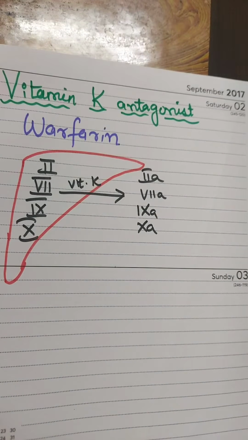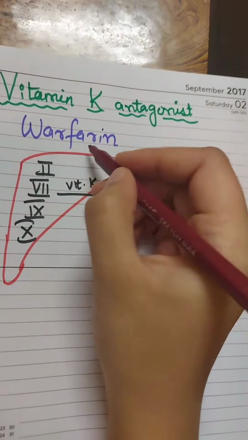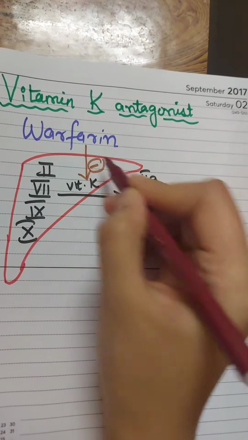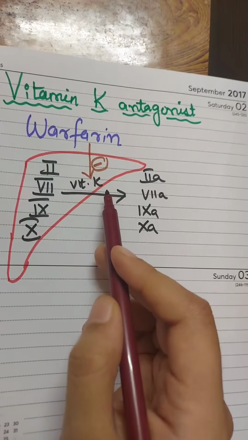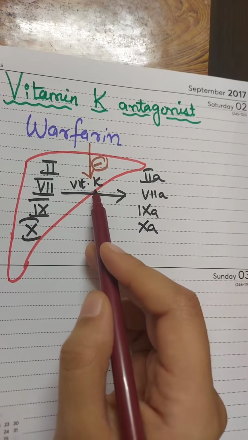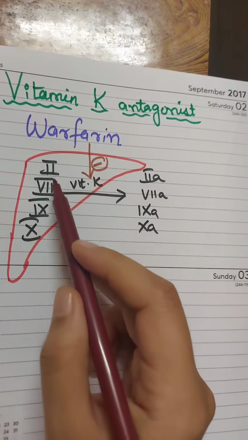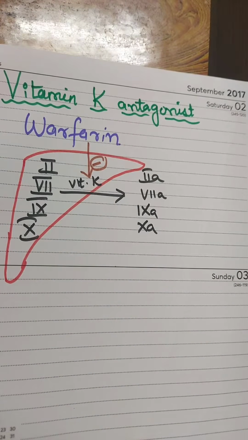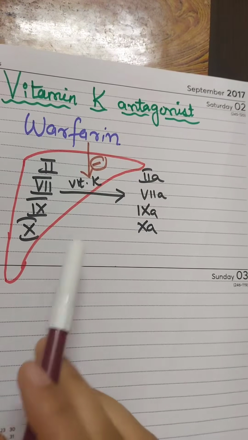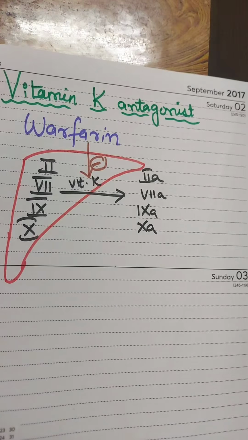Yes, it is a vitamin K antagonist, so it is basically antagonizing vitamin K. When vitamin K is getting inhibited, what will happen? There won't be activation of factors 2, 7, 9 and 10, and all these factors are very important for producing coagulation of the blood. So warfarin is inhibiting vitamin K, because of which these four blood clotting factors are getting inhibited. This is a very simple mechanism of action of warfarin.